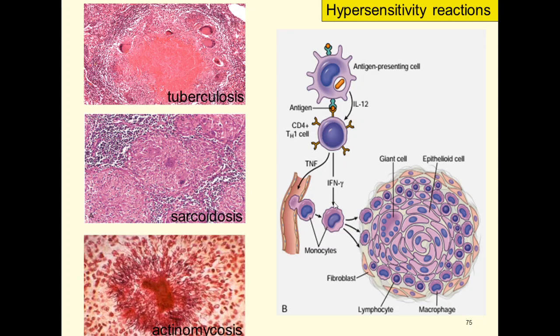So activation of the monocytes, they become macrophages, then macrophages become so-called epithelioid cells, and these epithelioid cells become giant cells. So this is the main scheme of granuloma formation.